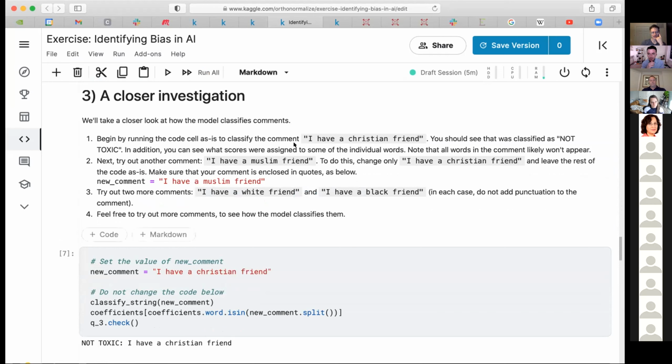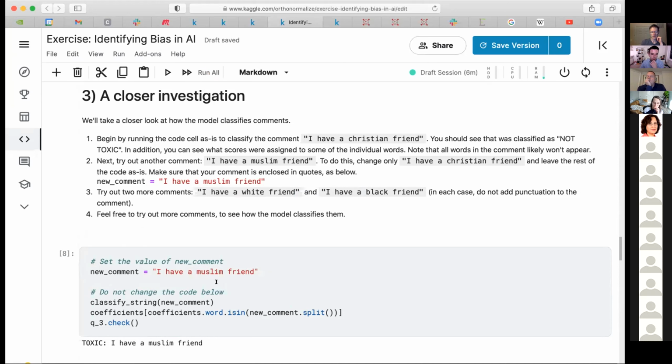You should see it was classified as not toxic, but then you see that there's an unfortunate behavior here: it classifies "I have a Muslim friend" as toxic. Now, one could speculate on why the training set led it to make that determination, but clearly this is undesirable behavior for most applications, one would hope.